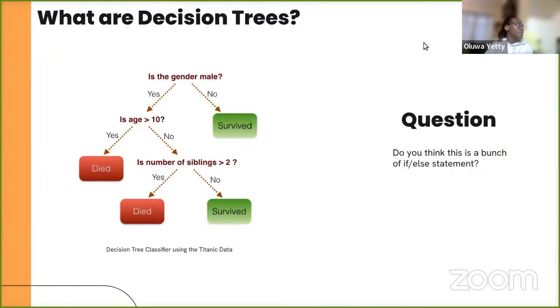When it comes to a mathematical model like linear regression, for instance, you are trying to establish a mathematical formula that relates your input features to the output. In the Titanic data set, the input features are the number of siblings, their age, their gender, and our output, for instance, is that we are predicting if they survived or not.